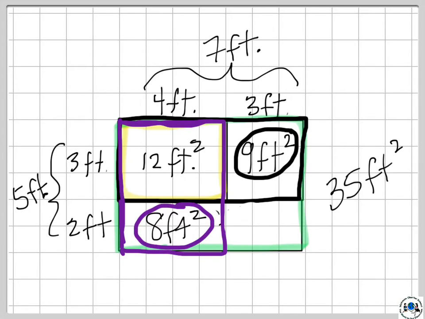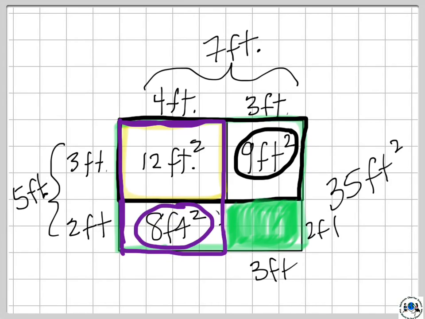And what you might notice, what was not accounted for, the little missing piece, happens to be this little piece right here. And guess what? That little piece is a 3 by 2, 3 feet by 2 feet, and it is 6 square feet.